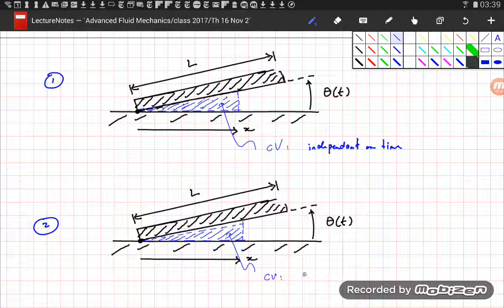This control volume is also independent of time, but because it is just a very small distance underneath the surface, when the plate falls, it doesn't cross the top boundary of the control volume.